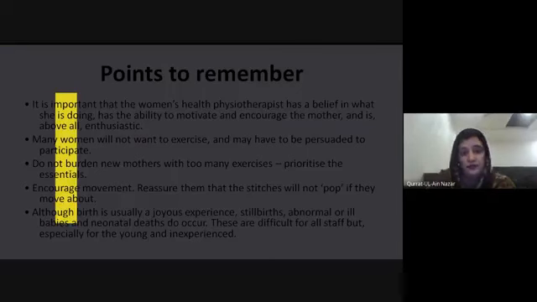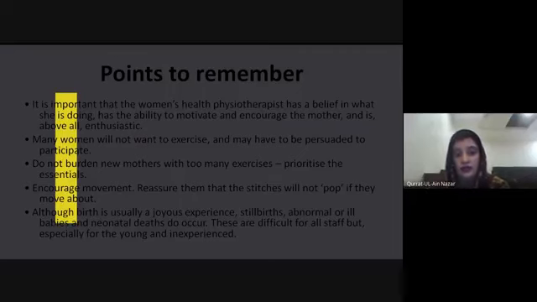Although birth is not an easy process for women, she can also enjoy the birth experience if she is taught properly. Abnormal and ill babies and neonatal deaths also occur in this gestational and delivery process, and they are very difficult stages for the staff and especially for young and inexperienced couples too.